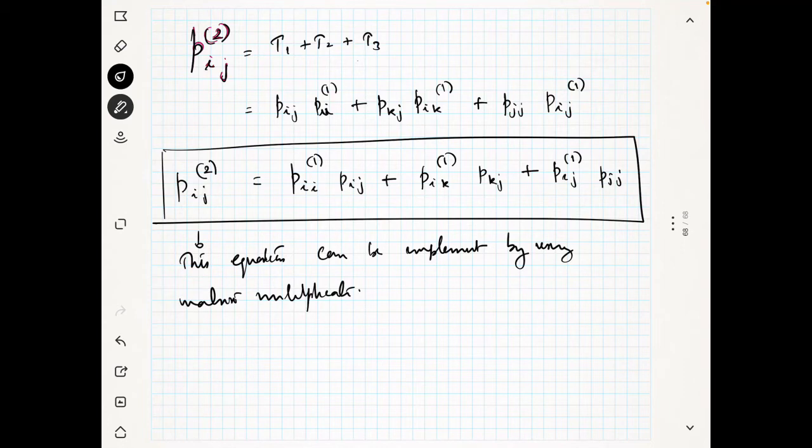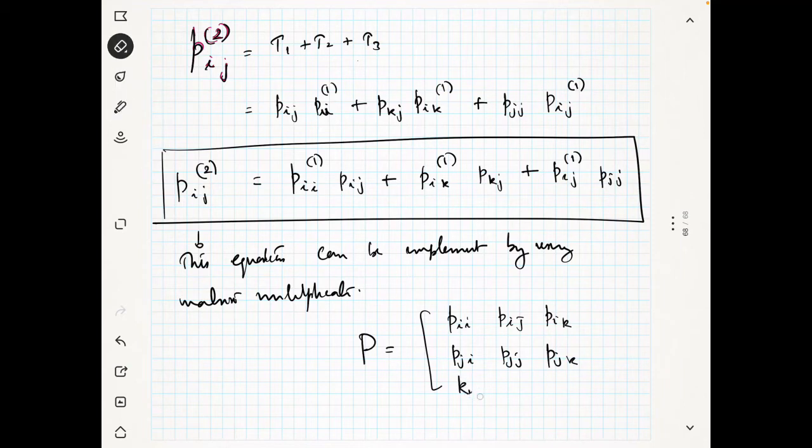How? Because we have the state transition probability matrix, which is nothing but pii, pij, pik; similarly pji, pjj, pjk; similarly pki, pkj and pkk. That's it.